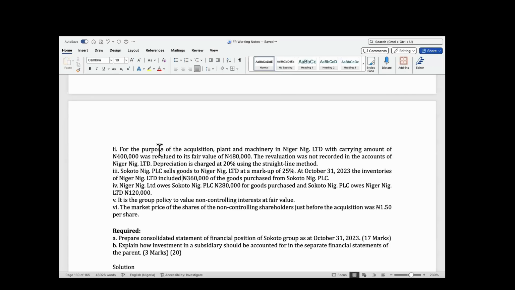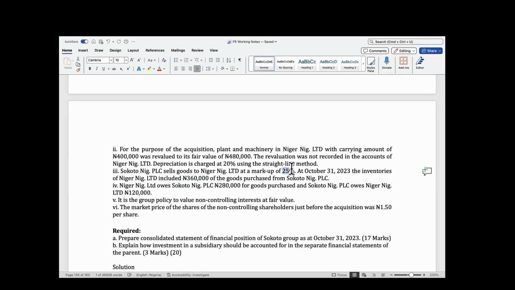Okay, so Sokoto sold goods to Niger at a markup of 25%. And included in the inventories of Niger is 360 of goods. So 360 of unsold goods, right? We sold it at the markup of 25%.